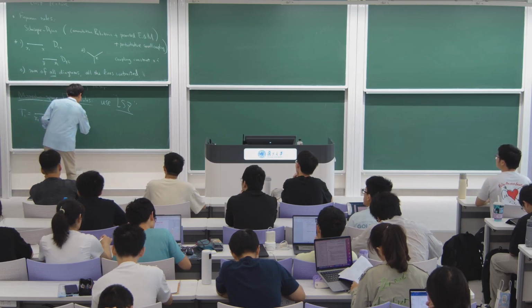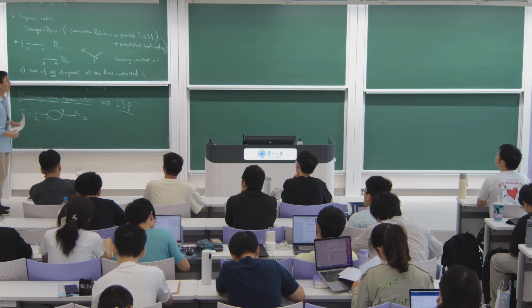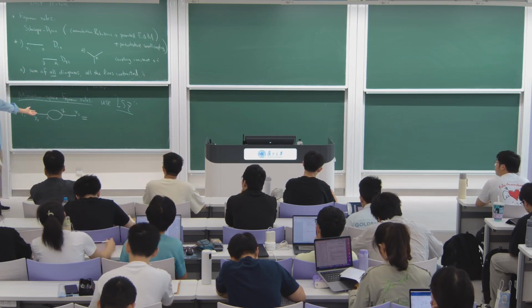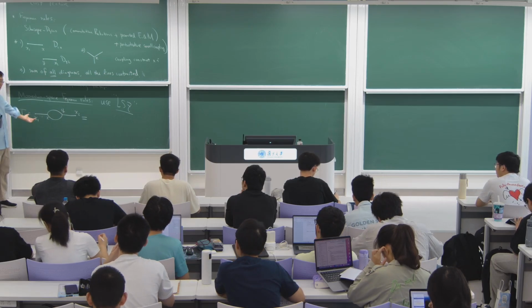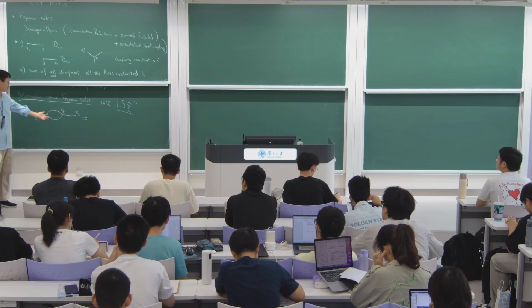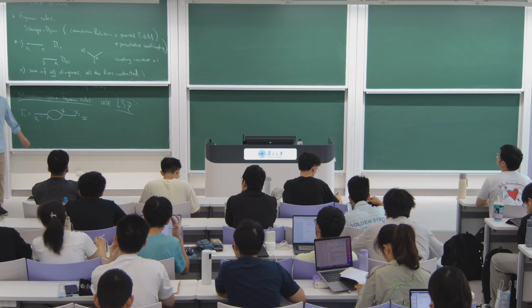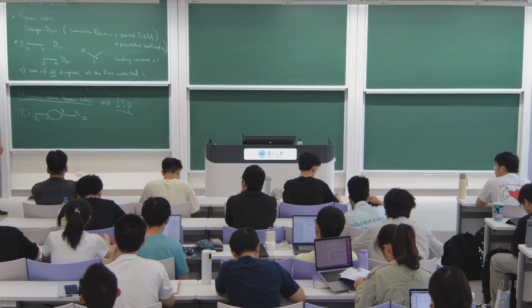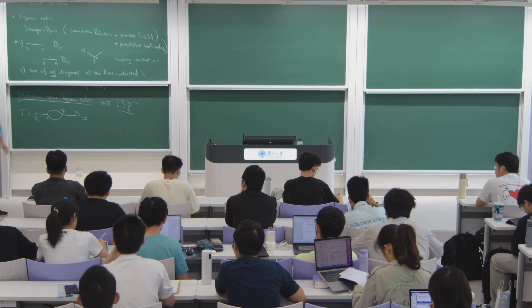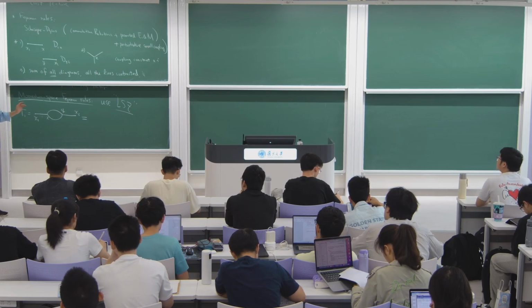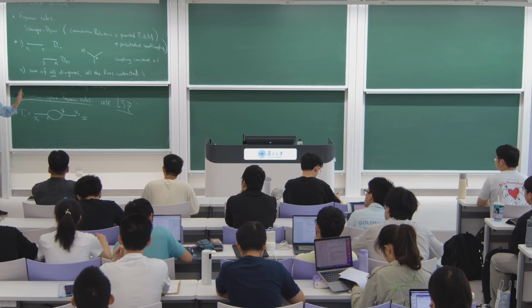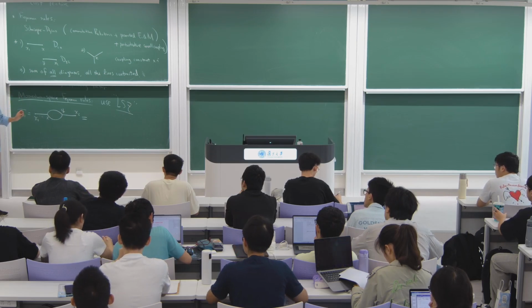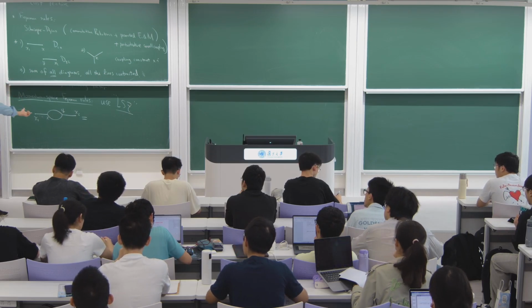So what is this? Can you employ these Feynman rules to write down the position space correlation function for this graph? It should be easy, right? Last time we derived it using the Schrödinger picture, but now forget about that tedious intermediate process. Just using these Feynman rules, you can write down the result.